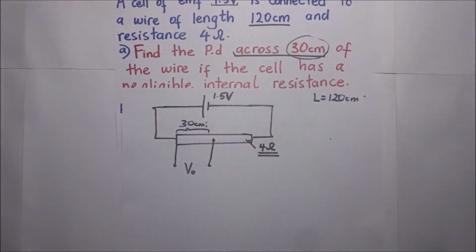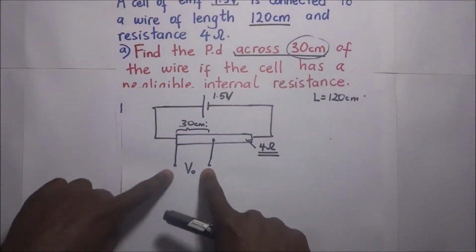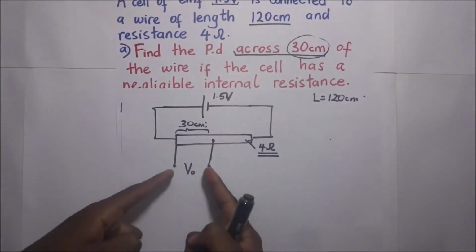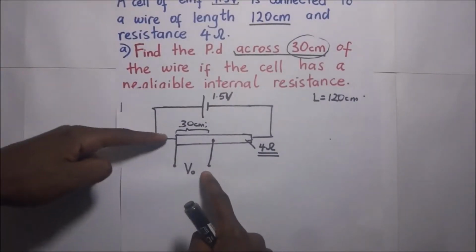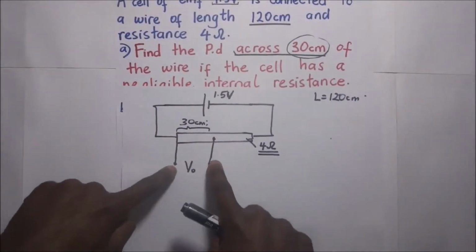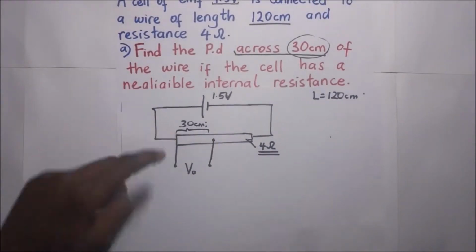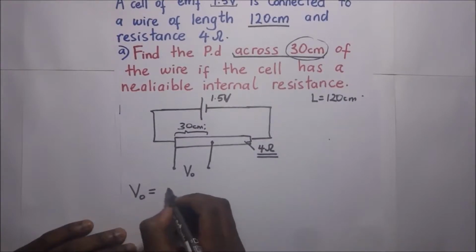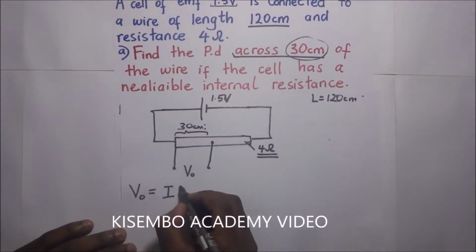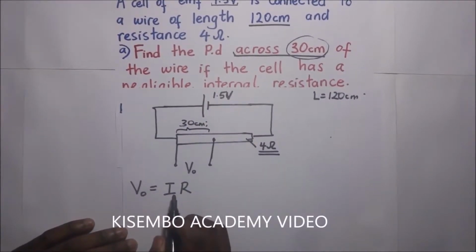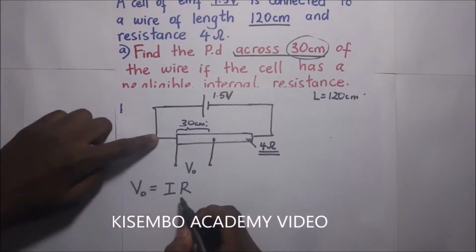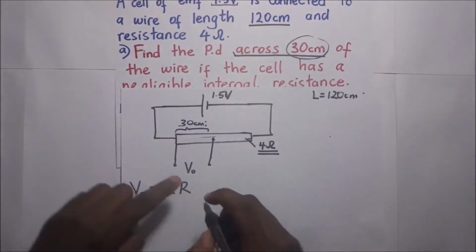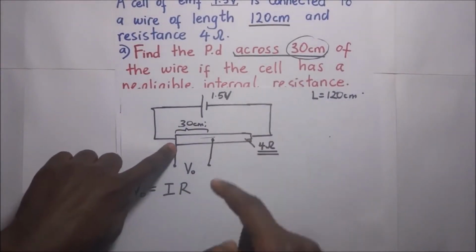So again, like before, to get this potential difference V across the portion here, we need to find the current going through that portion times the resistance of that portion. So the output V0 is going to be equal to I times R. By I, we are seeking the amount of current flowing through that portion, which we do not have yet, and the resistance of that portion, which we are still supposed to find.